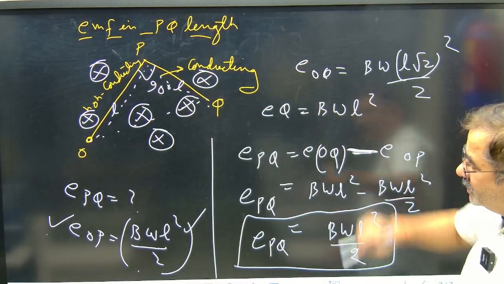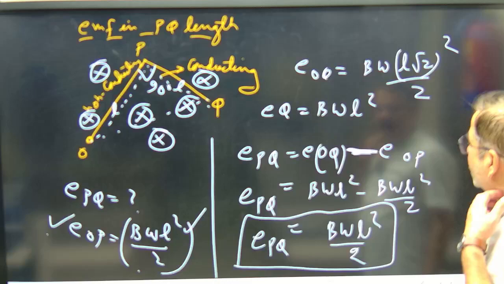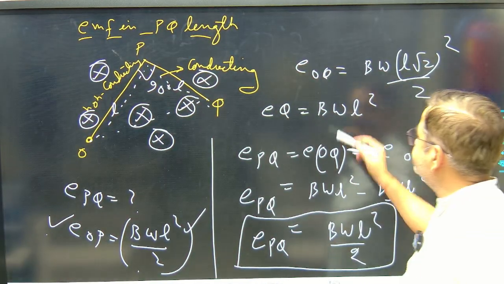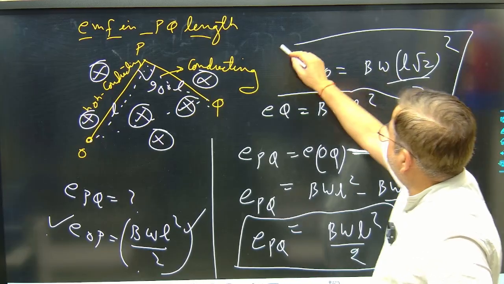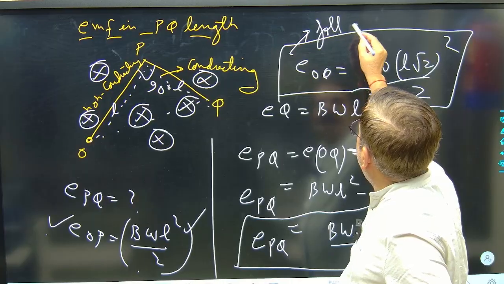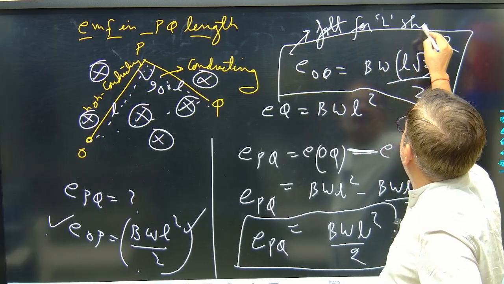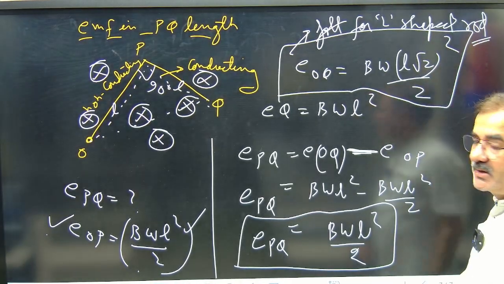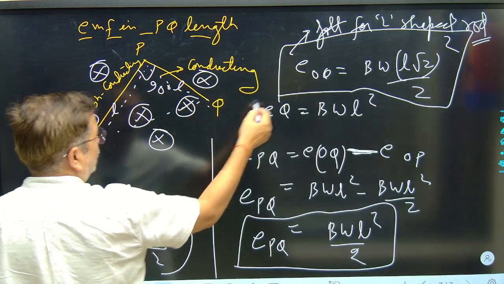So for a part of the rod, this arrangement could have been considered, and even here, if the full length of the rod was rotating, EOQ is also the EMF for the L-shaped rod, if both parts, non-conducting and conducting, were conducting.